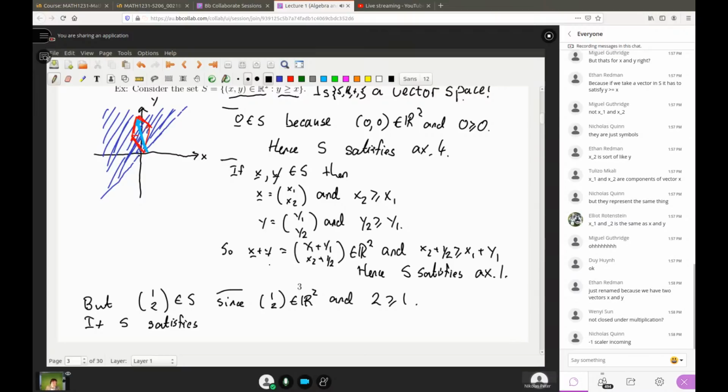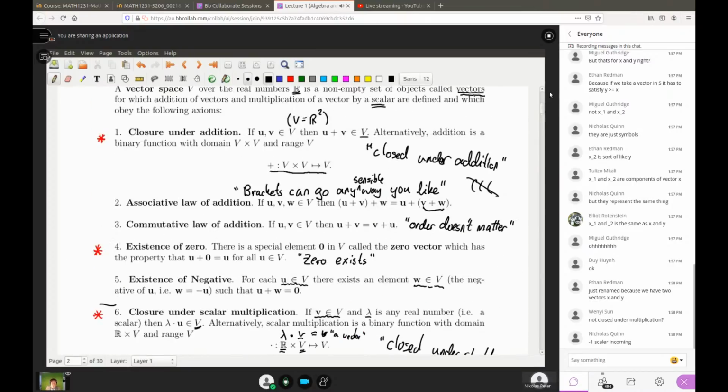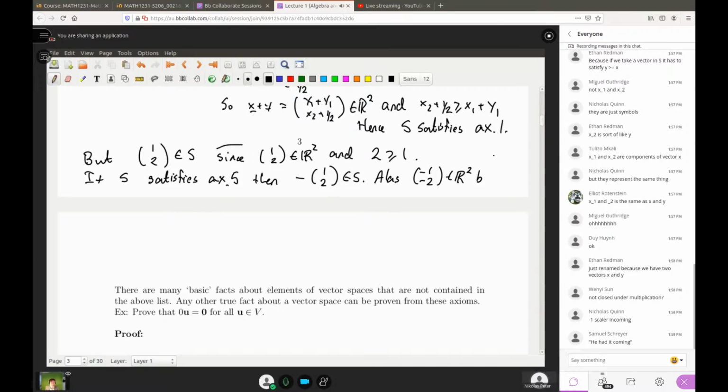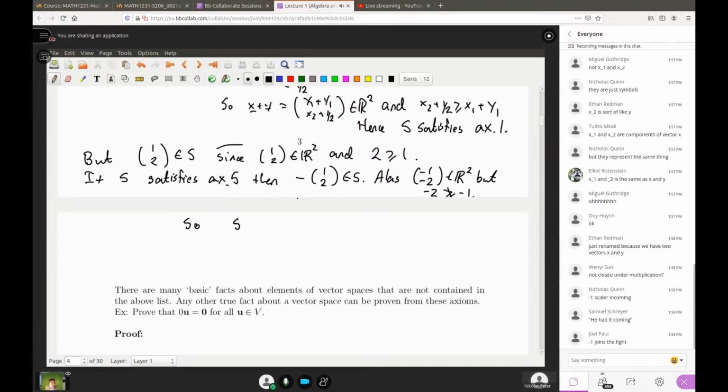Scalar -1 incoming, exactly. Is this axiom number 5? I've forgotten, I just have to scroll back. Axiom number 5. Then (-1, -2) should be in S. Alas, (-1, -2) is in R2, but -2 is not greater than or equal to -1. So S is not a vector space.